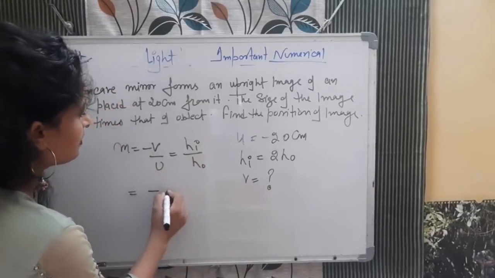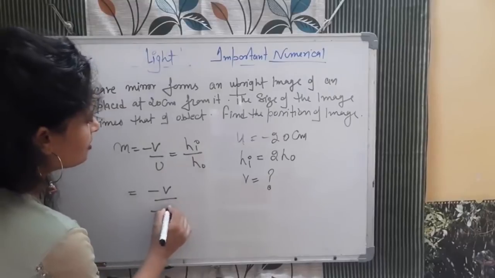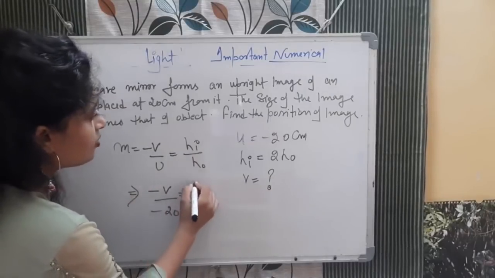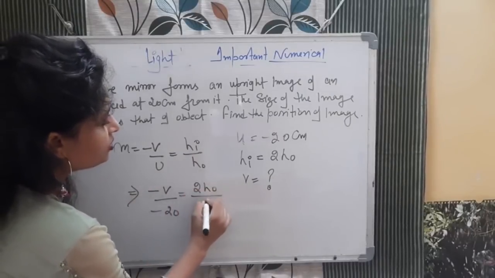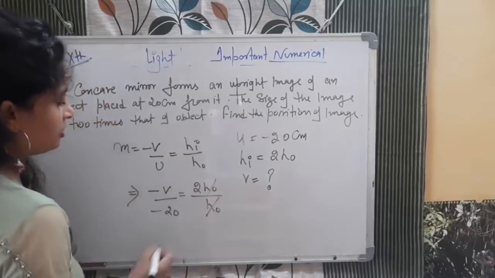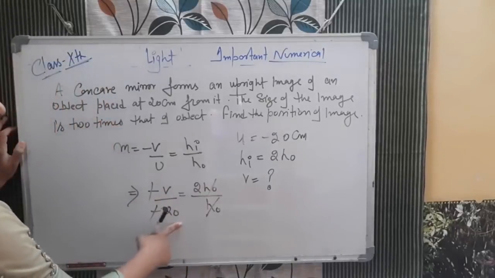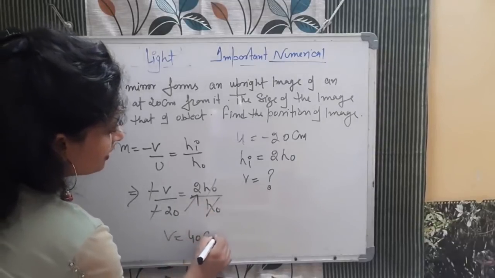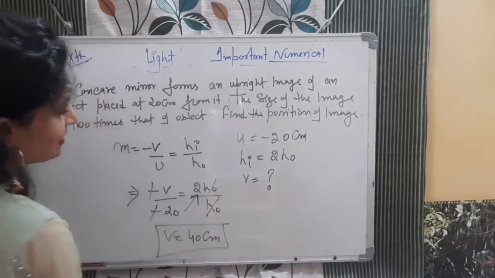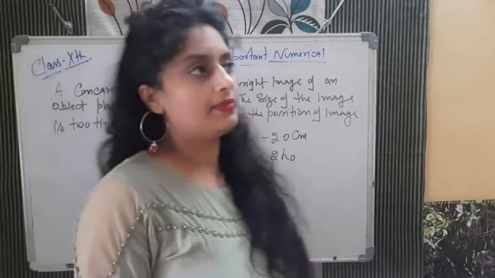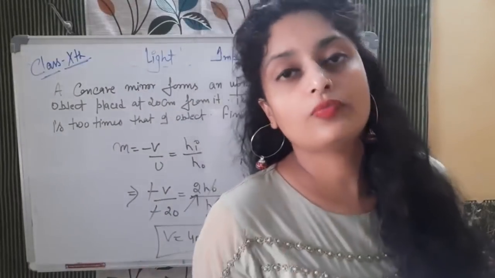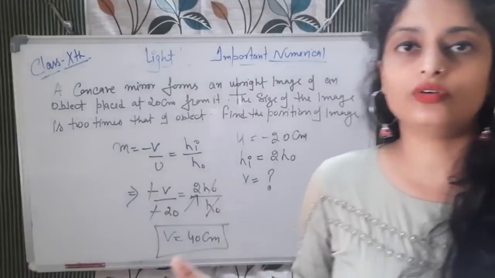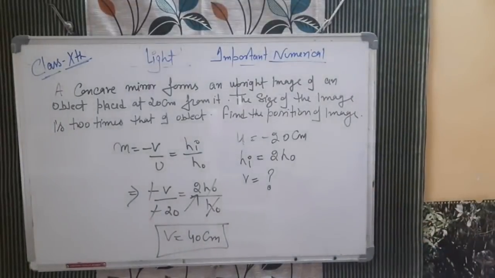Minus V by U, U is minus 20, is equal to height of image, double the height of object, and height of object will cancel, negative sign cancels, 20 will go this side, cross multiply, V is equal to 40 centimeter. So what we can say? The position of the image is 40 centimeter from the pole behind the mirror. Okay, so that is the answer of this question.